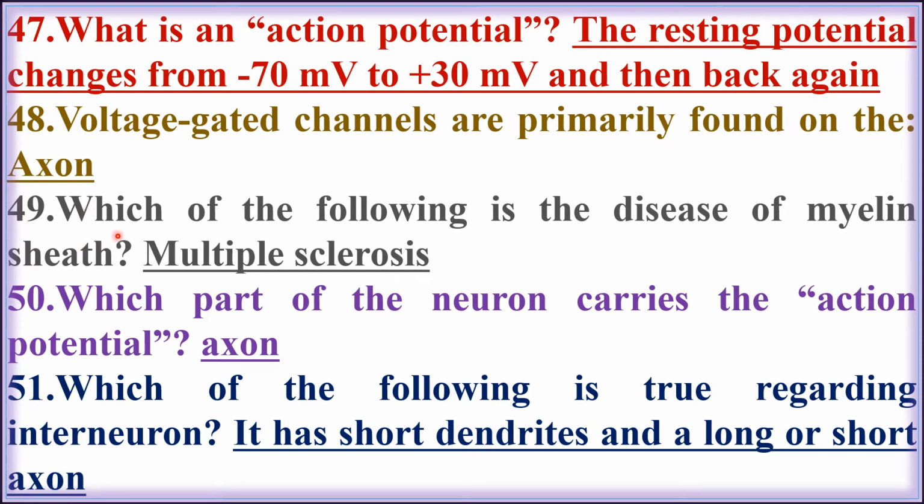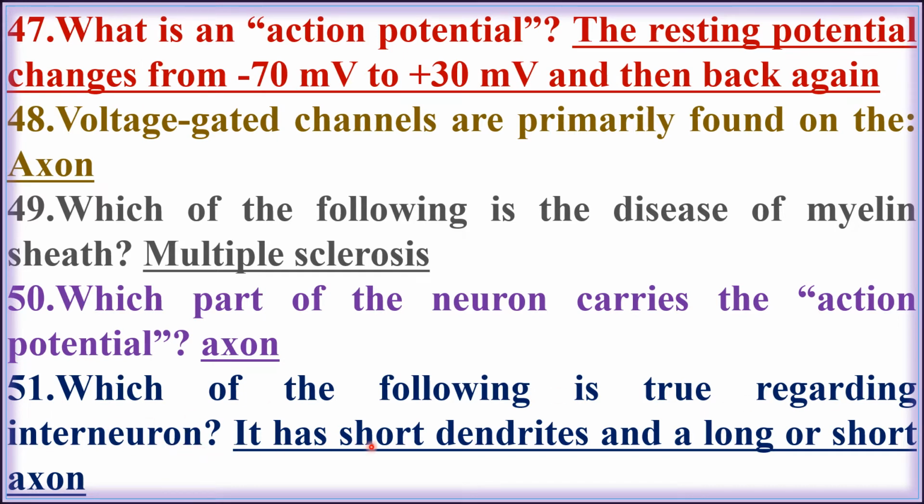Next, which of the following is the disease of myelin sheath? That is multiple sclerosis. Next, which part of the neurons carries the action potential? That is axon. Next, which of the following is true regarding interneurons?